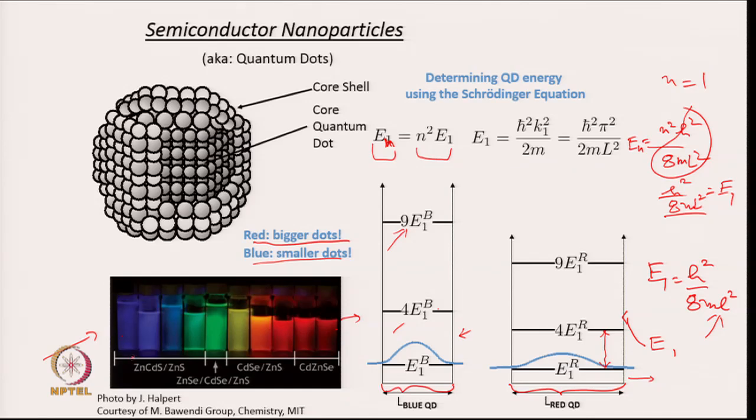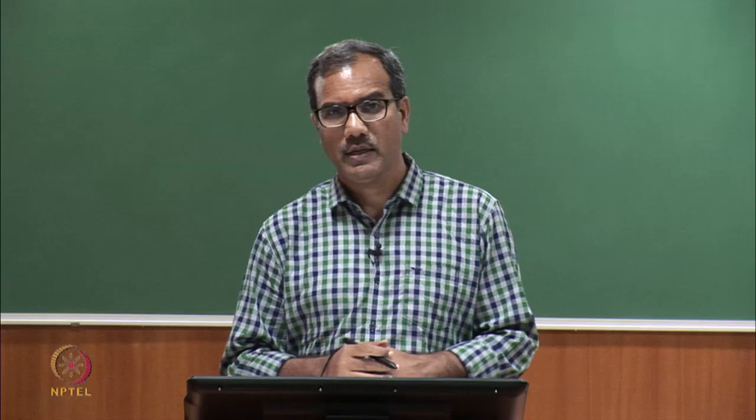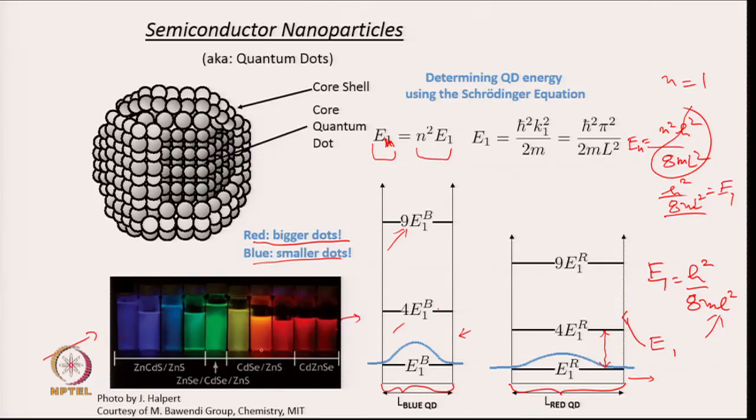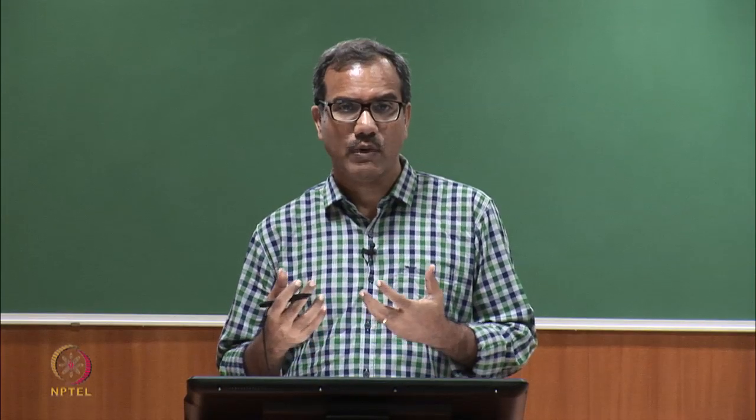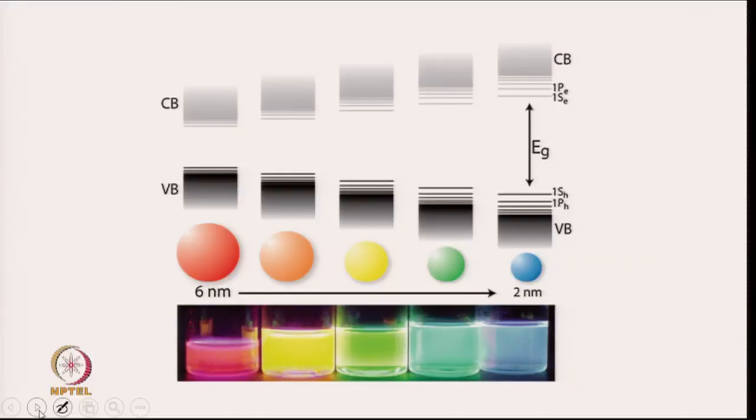So, this is for smaller and this is for bigger. As the size of quantum dots increases, you move from smaller lambda to higher lambda, which means you are going from blue to red.